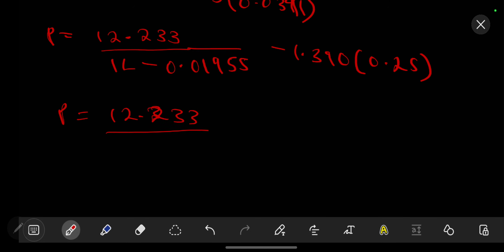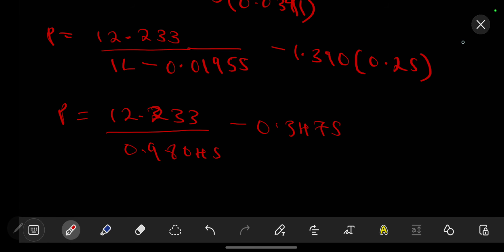So pressure should be equal to 12.233 over 1 minus 0.01955. This will give us a value of 0.98045. Then minus, when we multiply 1.390 times 0.25, we get 0.3475.